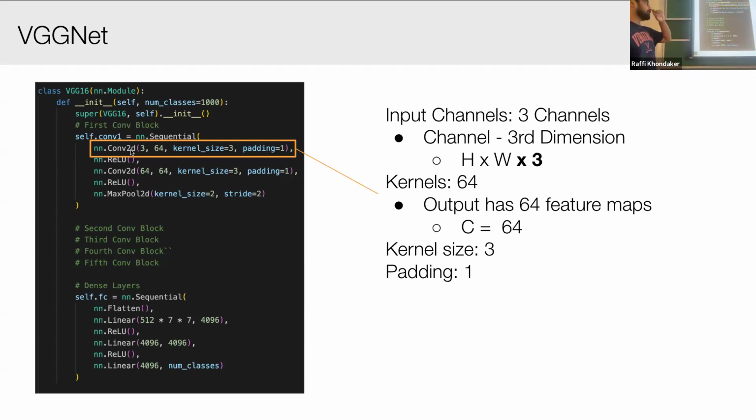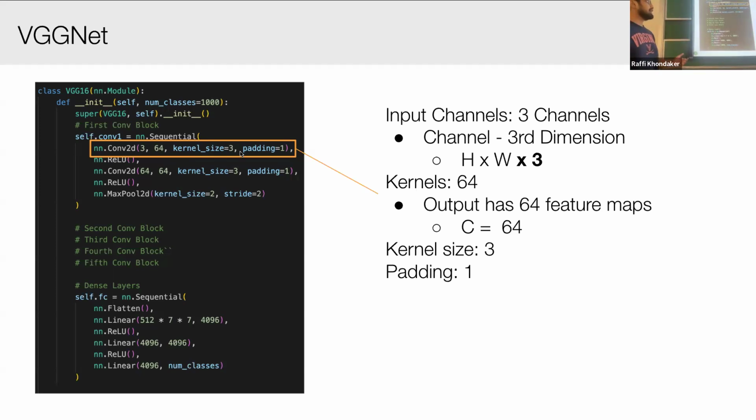For the convolution function in PyTorch, you start by inputting the number of input channels. If we're working with an RGB image, we have 3 input channels. The second value is the number of kernels you want. So we can say we want 64 kernels for the first convolutional layer.